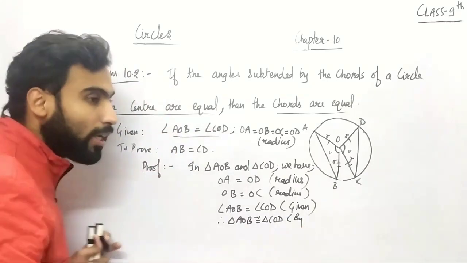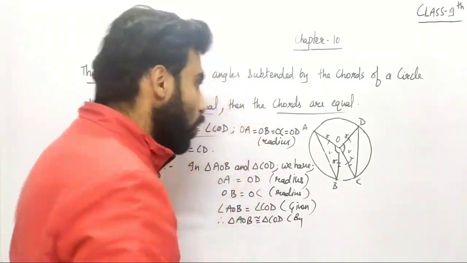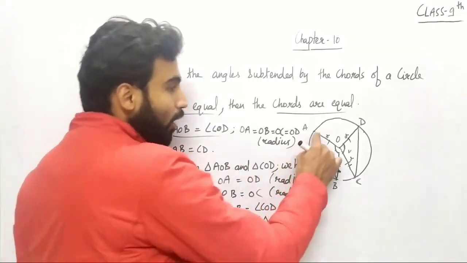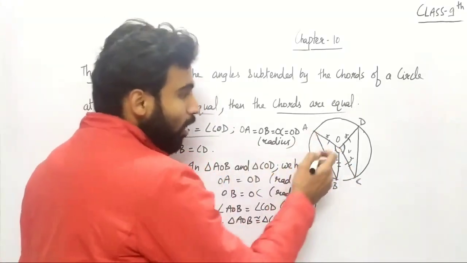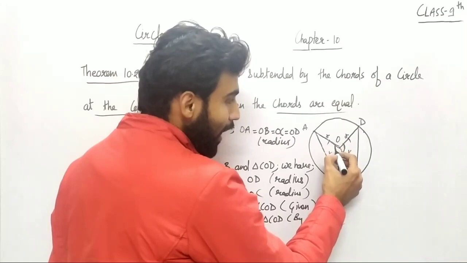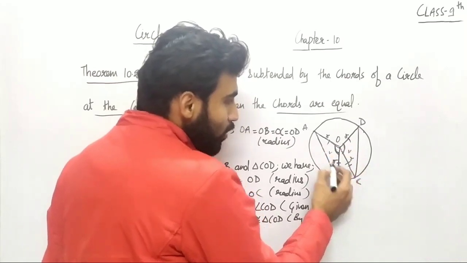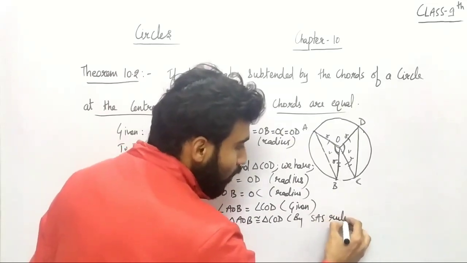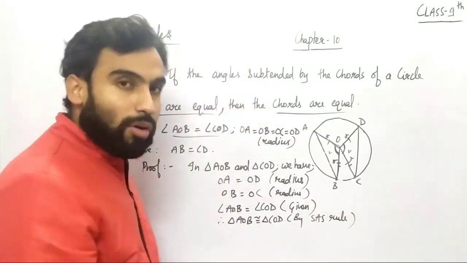Now the most important thing is the congruency rule. So by which congruency rule they are congruent? Let me just talk about triangle AOB first, right? So आप देखेंगे यहाँ पे side, then angle, and then again side. So by SAS rule here, these two triangles are congruent.